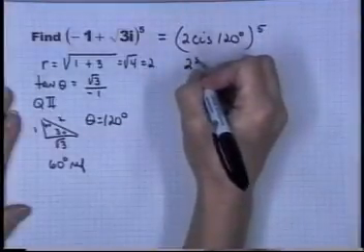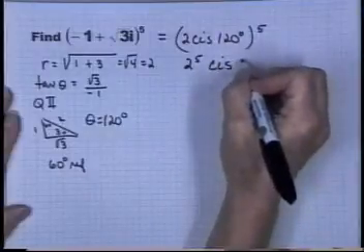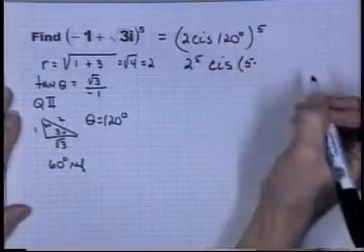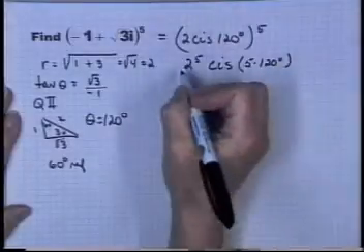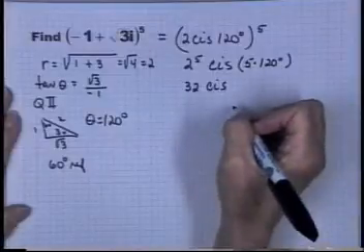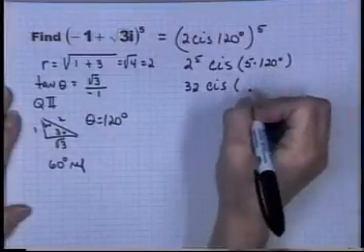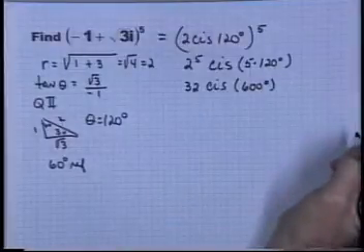So I'm going to write this down for emphasis. I want 2 to the 5th. But on the angle, we multiply the exponent 5 times the 120 degrees. So 2 to the 5th is 32. And then I'll have cosine plus I sine. 5 times 120 is 600 degrees.